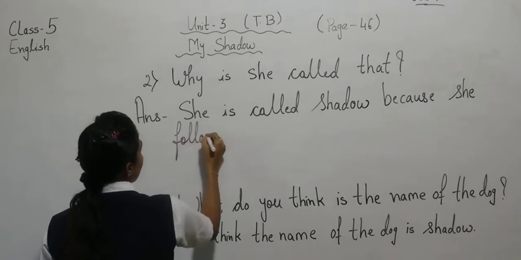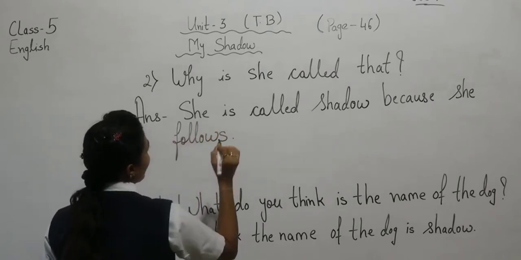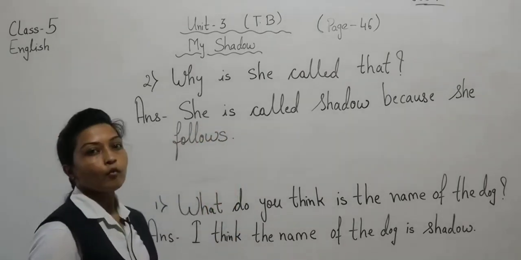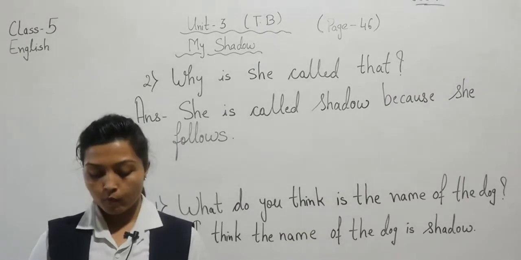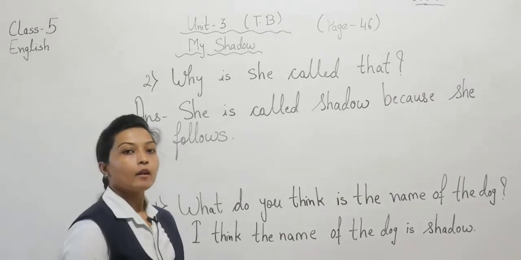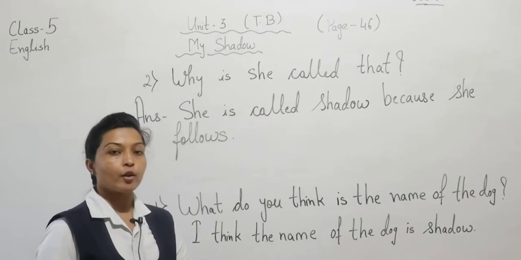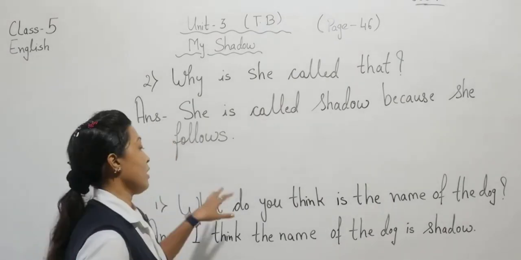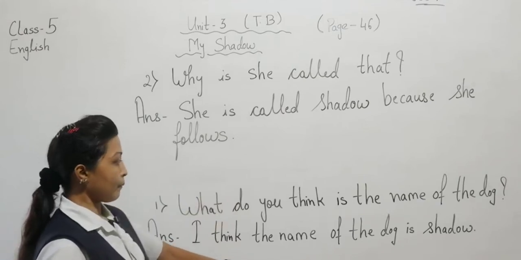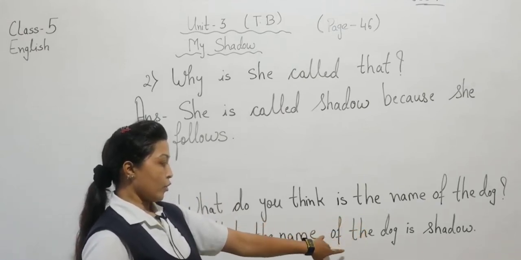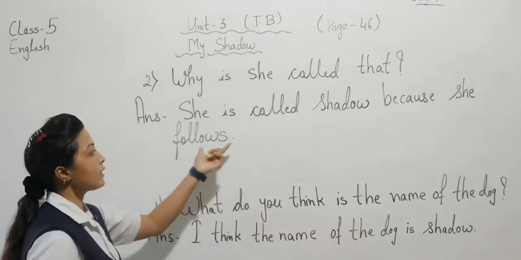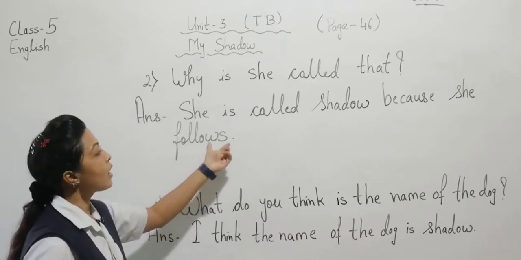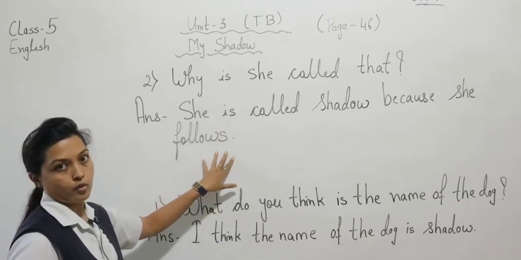So, the name is given Shadow because she follows. We know from our poem also that in our poem My Shadow, our shadow always follows us. Yes or no? So, I have given the name Shadow to the dog, then the reason behind that is because she follows.